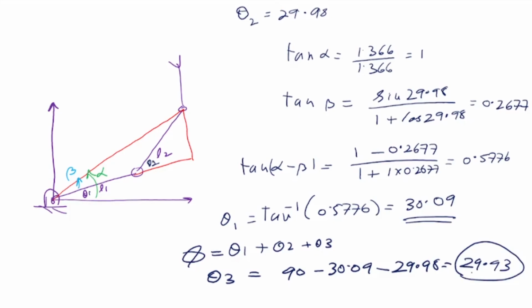Now, something very important to note here is that you did not get exact answers. You will not get an exact answer because we are using sine and cos, so there will be some rounding off. It's not really errors, it's just rounding off.